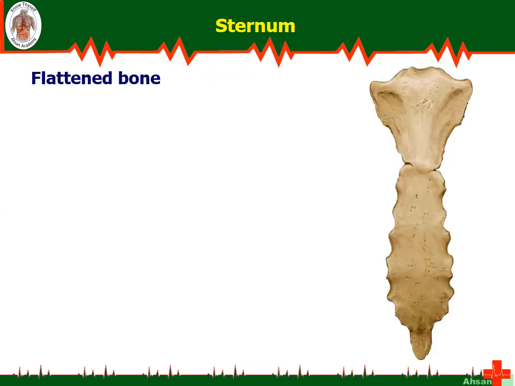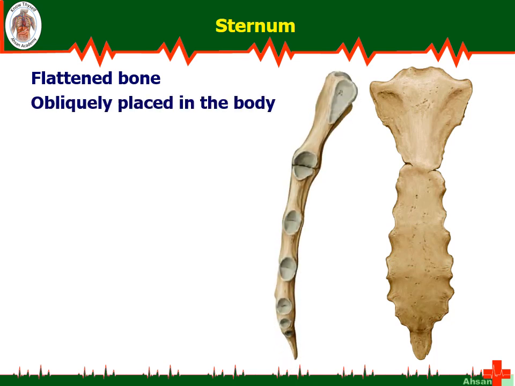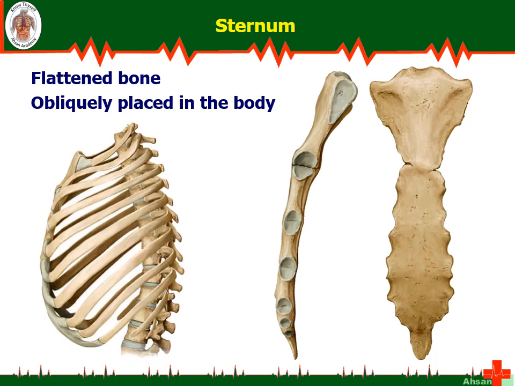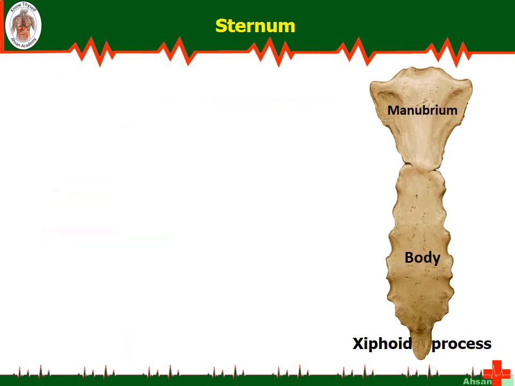This is the sternum, and the sternum is a flat bone, and it is obliquely placed in the body. You can see in the figure the upper part is more oblique than the lower part. You can see the sternum on the right side, and it comprises three parts from above downward: the manubrium sterni, the body, and the xiphoid process.